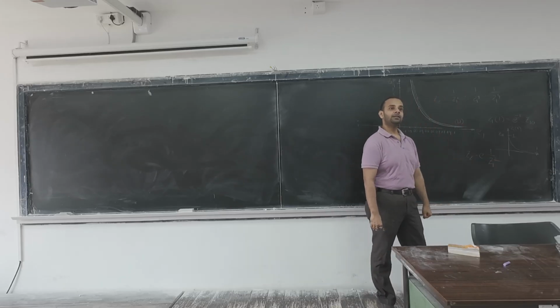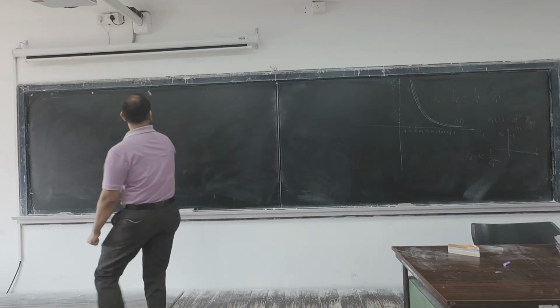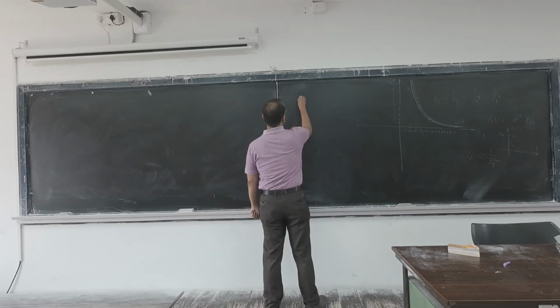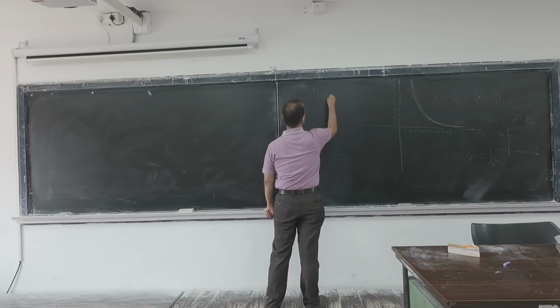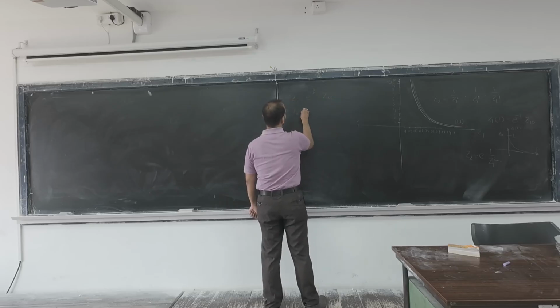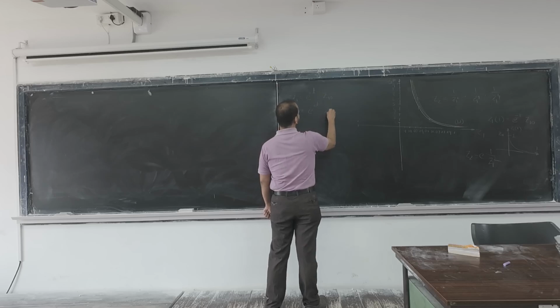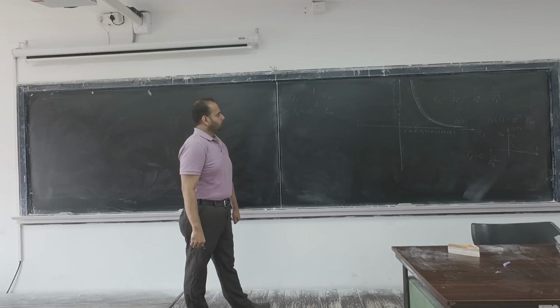And last day what did I say, if you have any problem with respect to sign, then go back to the original solution of the differential equation, z1 and z2. So here z1 equals e to the power minus t z1(0), z2 equals e to the power 2t z2(0).